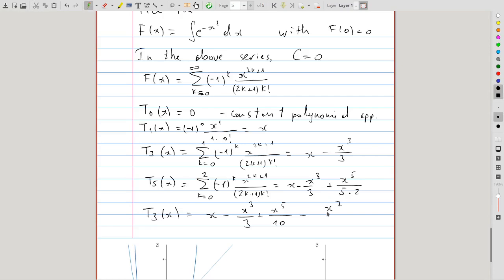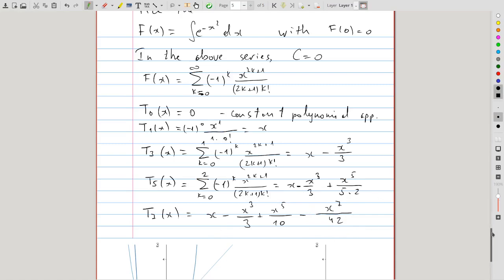We'll have x to the 7th over 7 times 3 factorial, because the highest value for k will be 3, so that's 7 times 3 factorial, which is 6. And so this finally gives us the polynomial of this form.